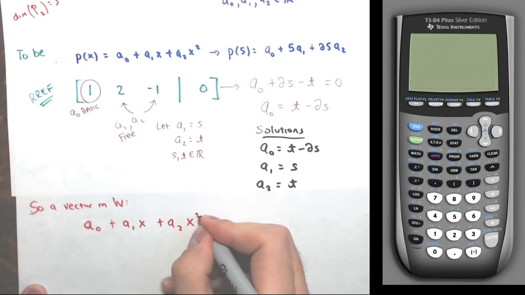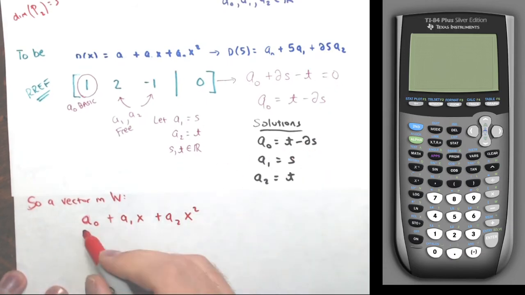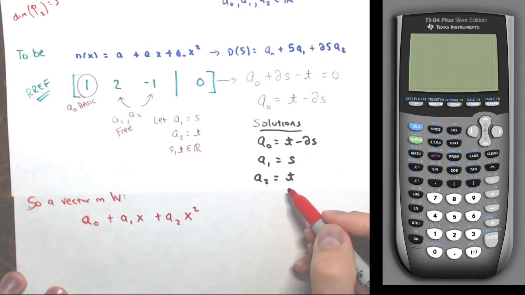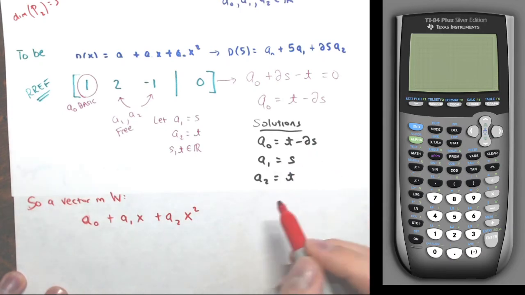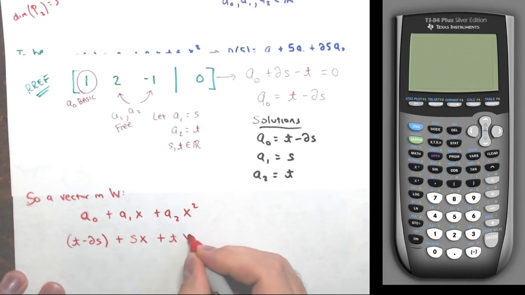This is just a generic degree 2 polynomial or less, but I pop these in, these are the conditions that need to be met in order for the polynomial to be in my set W. So a0 is t minus 2s, plus a1 is s, so plus sx, plus a2 is t, plus tx squared.